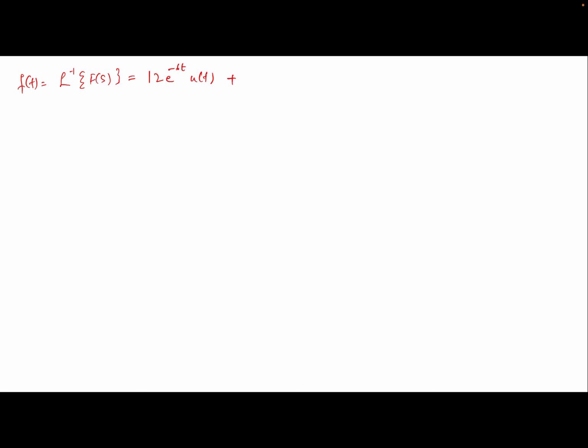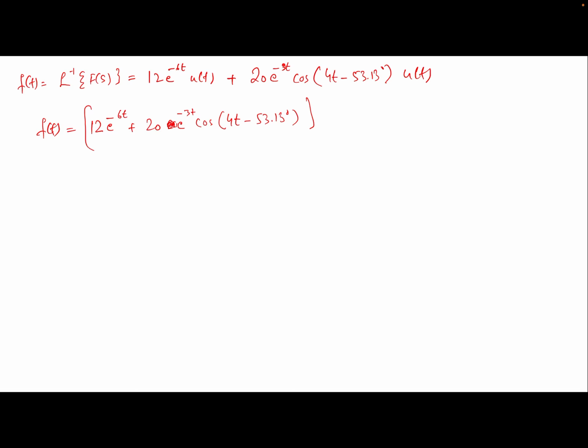So this should give you 20 e raised to power minus 3t cos of 4t minus 53.13 degrees, right? And u of t. So f of t comes out to be 12 e raised to power minus 6t plus 20 e raised to power minus 3t cosine of 4t minus 53.13 degrees, u of t.